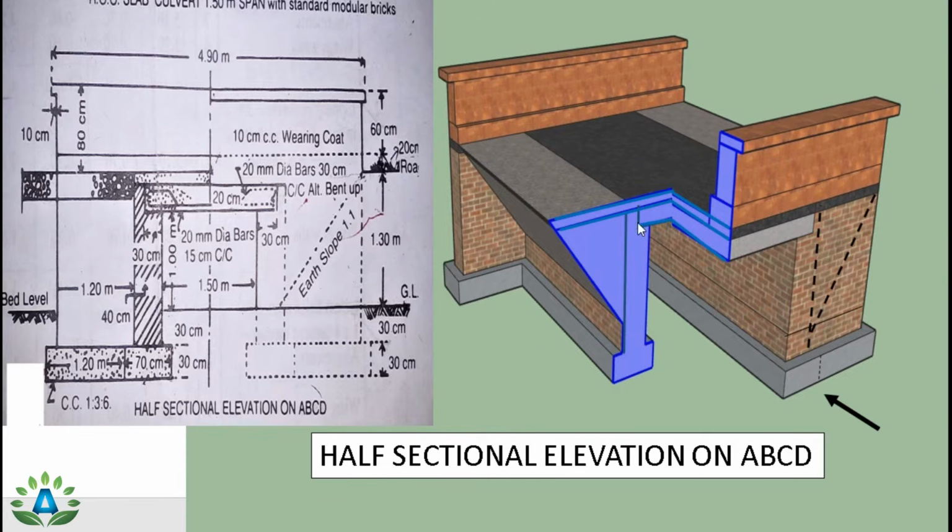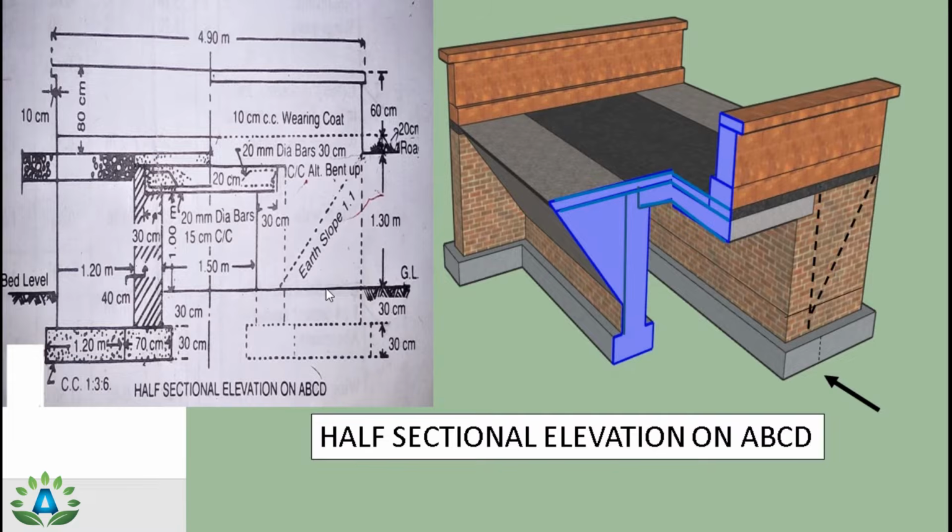Here we have this RCC slab portion, and these are the parapet wall portions. And we have this earth slope of 1:1, that means here also 1:1, and here is the hidden line. And we have this ground level, that means this is our ground level.